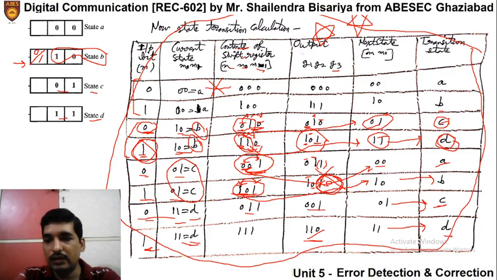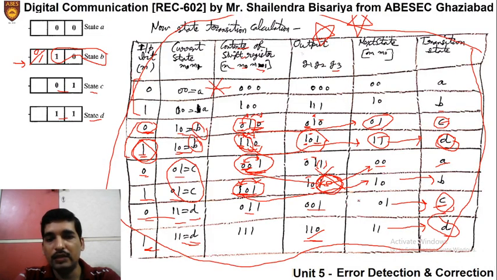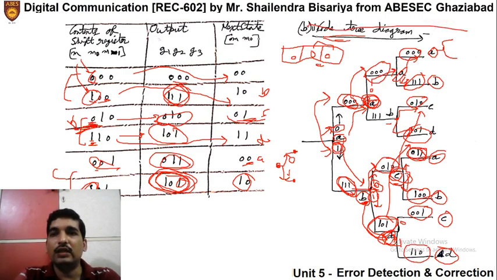From D it is going to C or D. From D, if input is 0, it goes to state C, and if input is 1, it goes to state D. The corresponding output is 001 if the input is 0, and 110 if the input is 1. So this is the complete code tree.